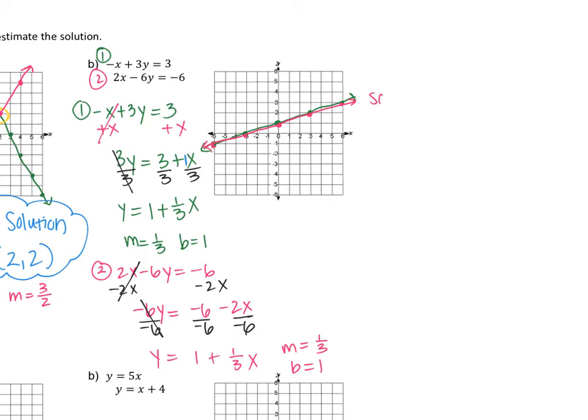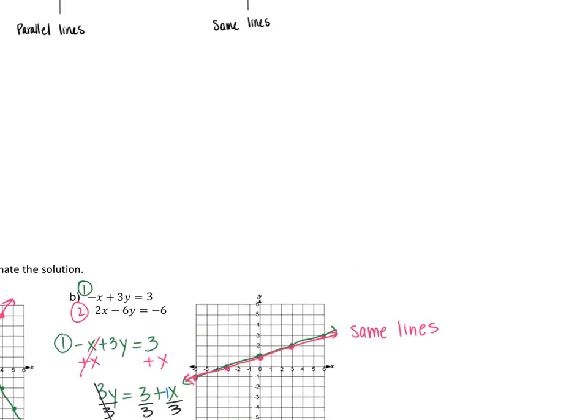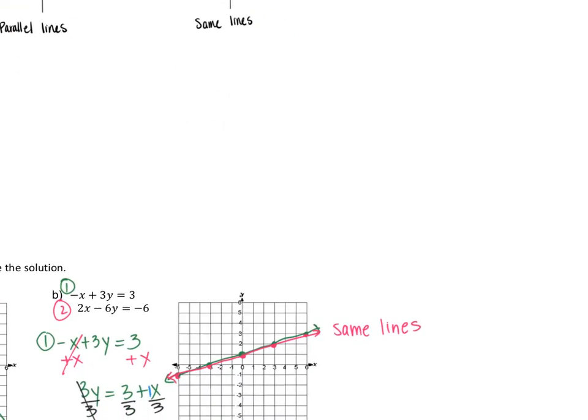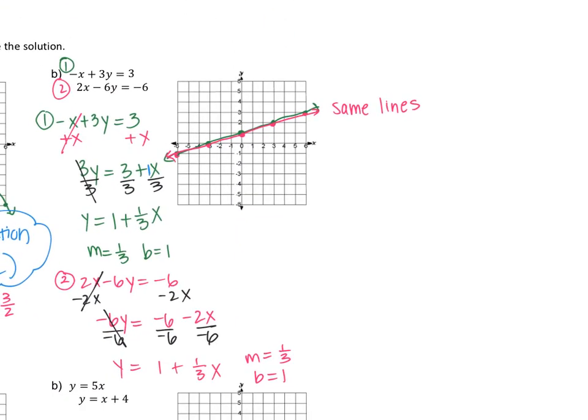So because they are the same equation, you might remember me saying, if you go up here for a sec, anytime they're the same equation, because they sit on top of each other, there's an infinite amount of solutions. So guess what? We have infinitely many solutions. So I'll just write that here. Infinitely, because they're going to touch everywhere. So there's an infinite amount of intersections.